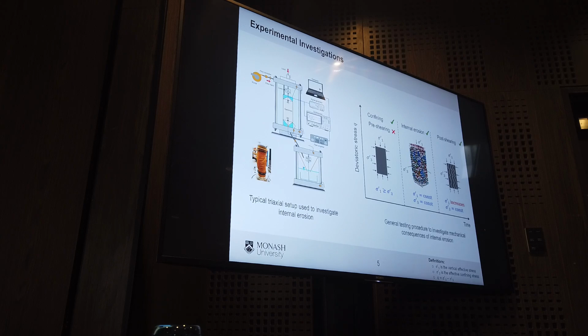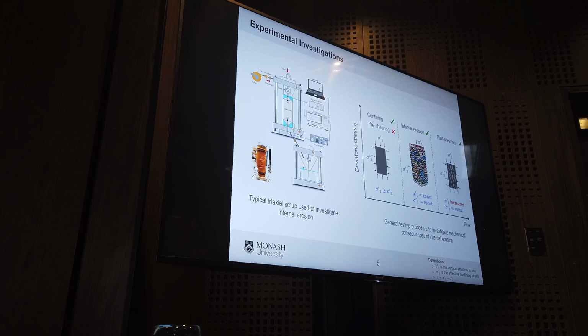So this is how we normally look at internal erosion in the experiments. On the left-hand side, you see the standard triaxial setup to investigate internal erosion, the effects of the mass loss on the mechanical consequences of the specimen. The procedure is here. We start with the soil specimen, and then we confine the soil specimen. Some actually even go further by subjecting the soil specimen to a pre-shear pressure.